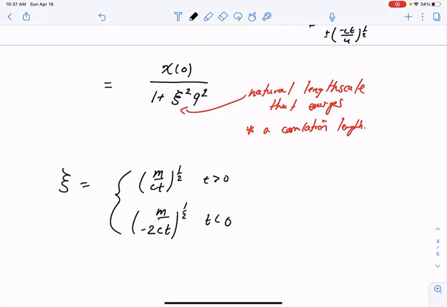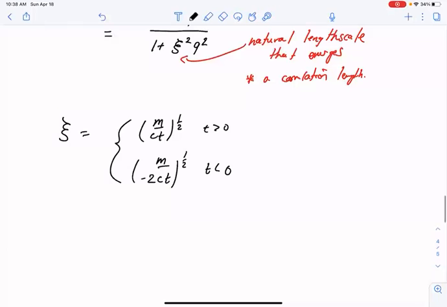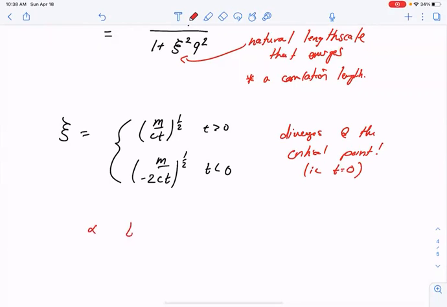And thus we found a diverging correlation length at the critical point, i.e., when little t is 0, it diverges like t to the minus 1/2. So we found another critical exponent, one which dictates the divergence of correlated fluctuations that scales with a critical exponent of 1/2.